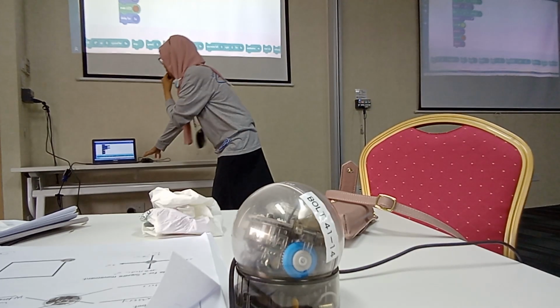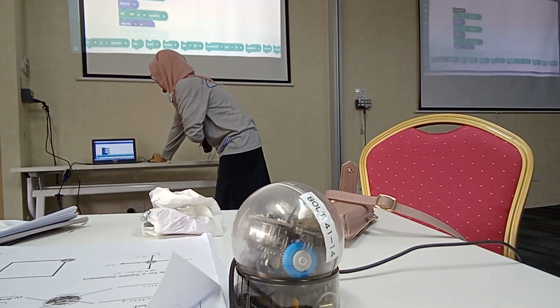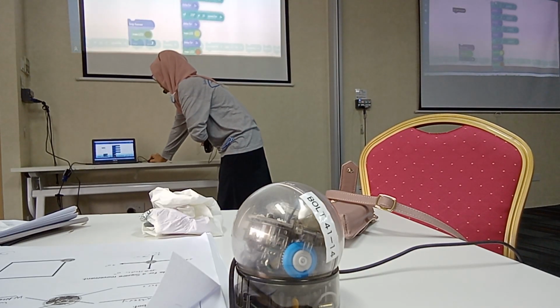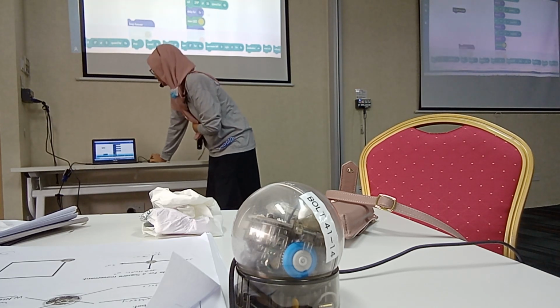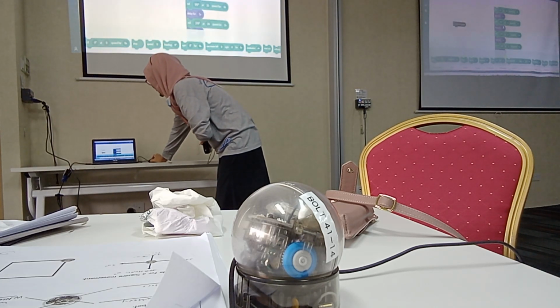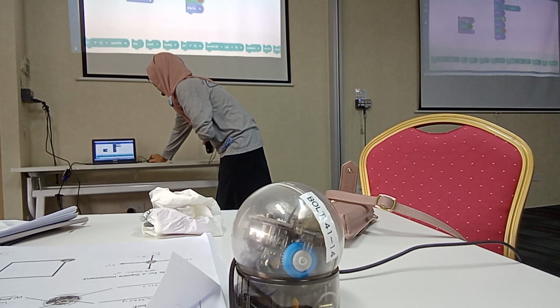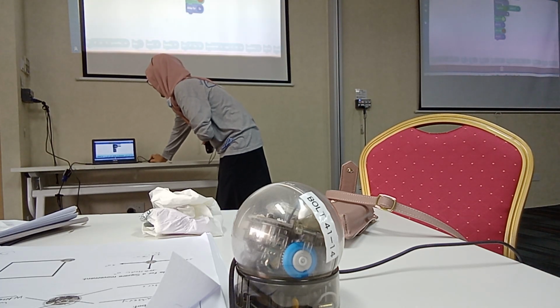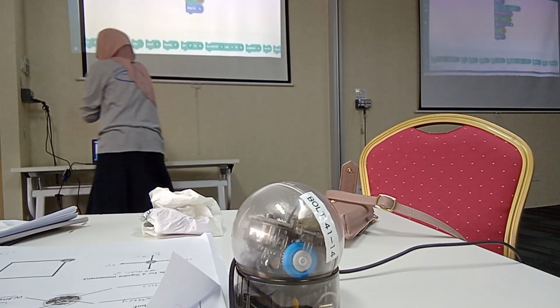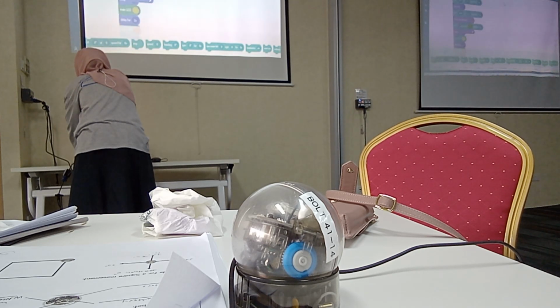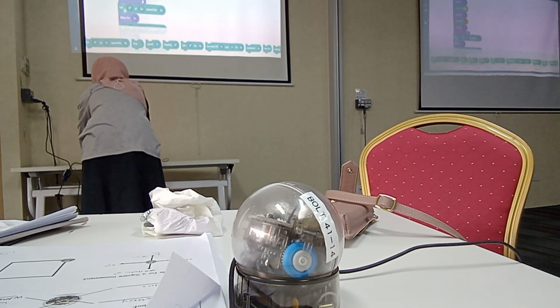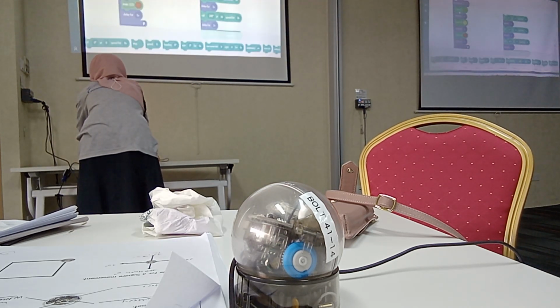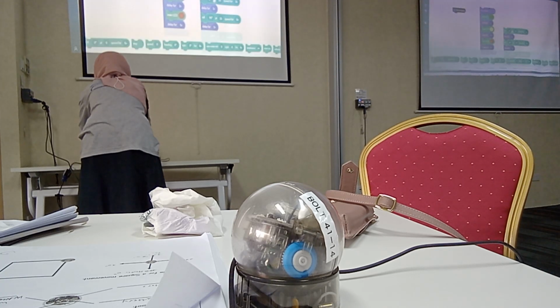How? Let me show it to you. For example, this is the program for creating the square, and this is the loop forever for the traffic light.